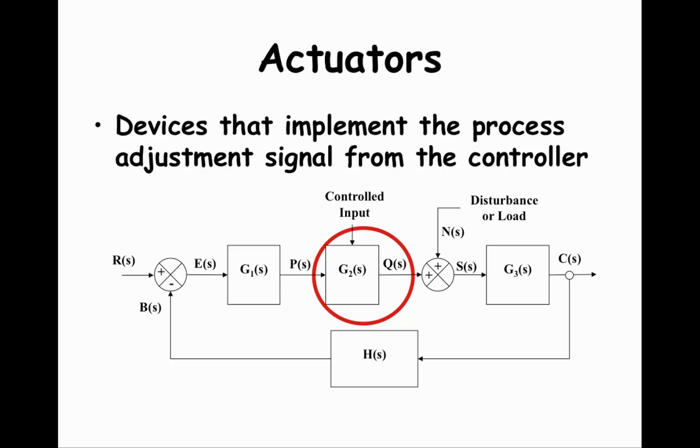So PS tells the flow valve how far to open, or it might tell the relay how long to keep the electric heater on to heat the fluid. So be sure to note that there's commonly a units change between PS and QS, because the units associated with QS depend on the controlled input.